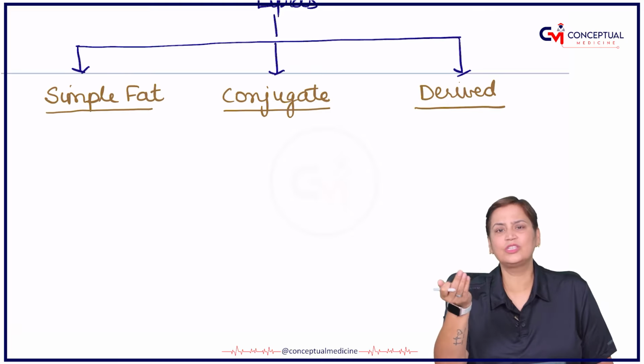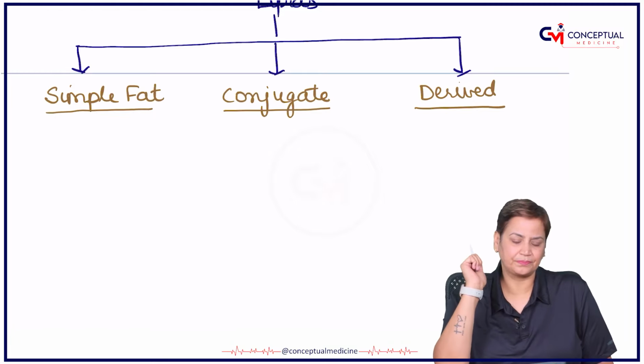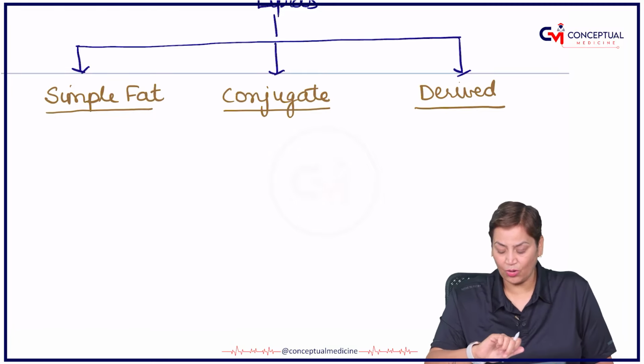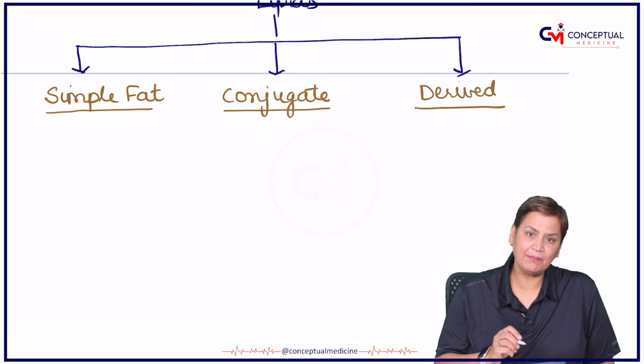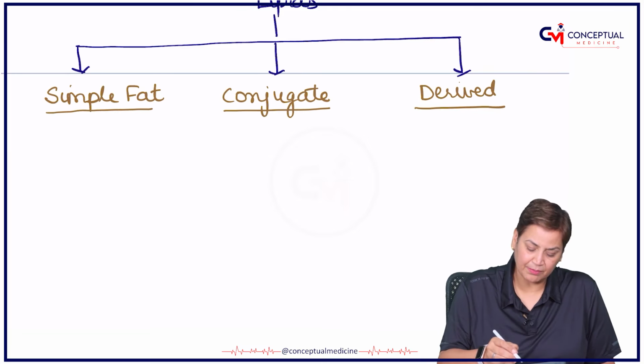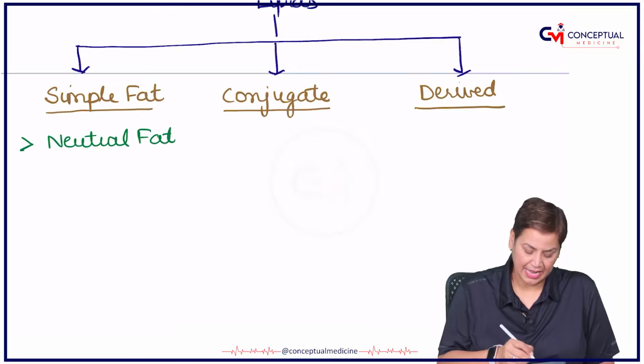So our body switches over from carbohydrate mode to lipid mode. That is what we are going to discuss here. Now coming to simple fat, simple lipids comprise neutral fat and waxes.